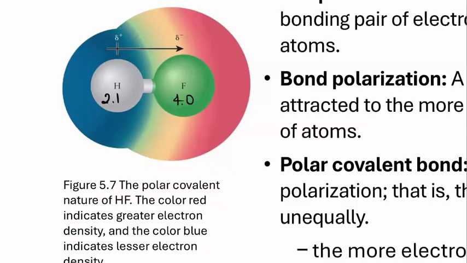Since hydrogen has a lower electronegativity value, we put a partial positive charge on it. Additionally, vector arrows can be utilized to show bond polarization. When we draw the vector arrow, the tip of the arrow points towards the most electronegative atom in the molecule.